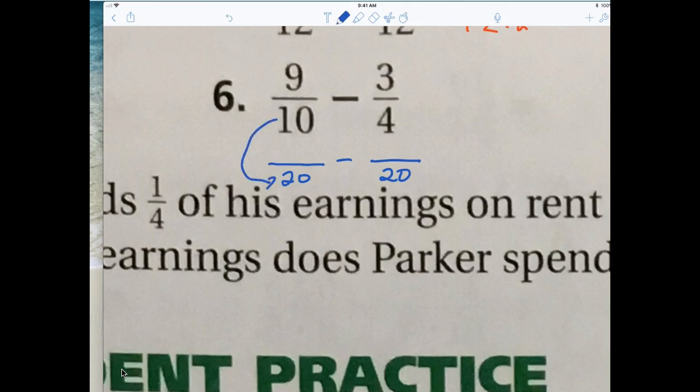I'm trying to multiply it by what? 2. You see what I'm saying, right? So if I multiply this by 2, I have to multiply the top by 2, Carly. You with me? So 9 times 2 is what? 18 out of 20, right?